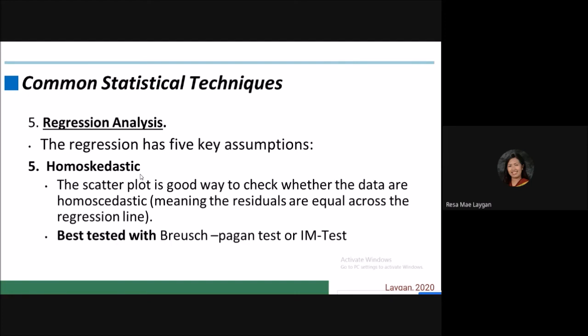So in order for the model to be homoscedastic, we have to address the violation of homoscedasticity, and that is heteroscedasticity. Heteroscedasticity is different from homoscedasticity. It is present when the size of the error term differs across values of an independent variable.